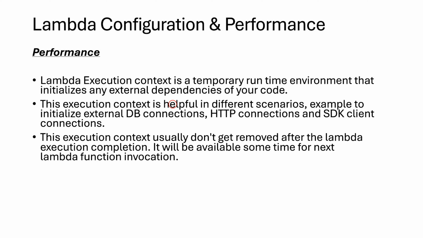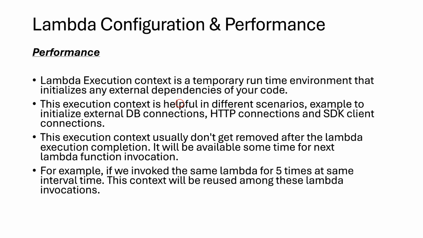Keep in mind, if you create your external dependency connections or objects in your execution context, they will be shareable across different invocations, so your performance will increase because you don't need to wait for a DB connection to be established next time. It will use the previously established connection again.